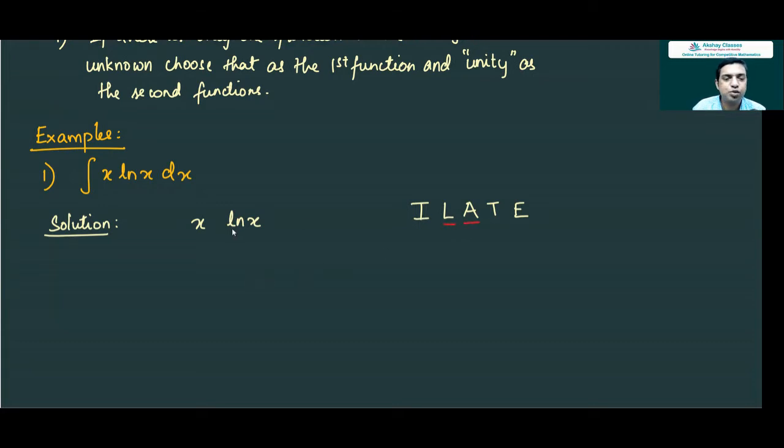So logarithmic should be taken as the first function. So we choose this as the first function, u, and this as the second function. Okay.